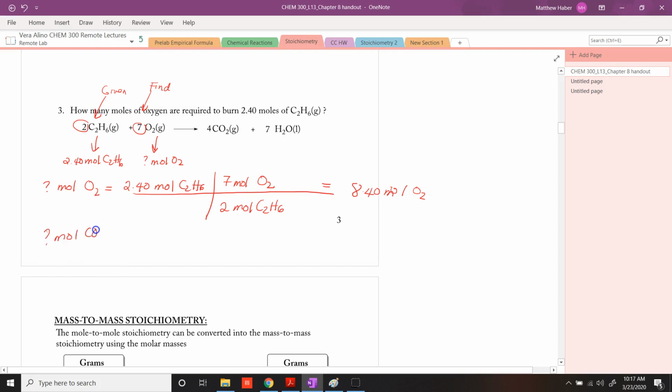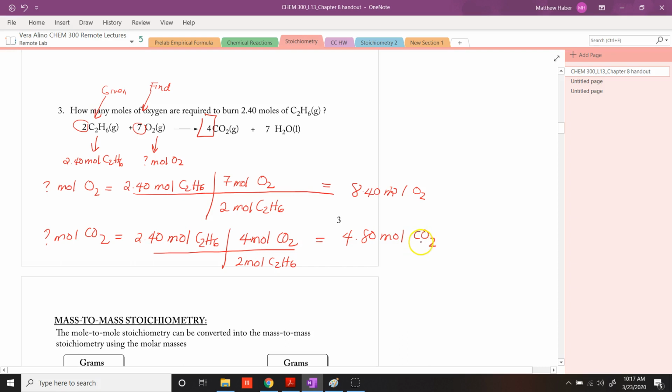How many moles of carbon dioxide are produced if you're going to burn 2.4 moles of C2H6? We have for every 2 moles of the fuel, you're going to produce 4 moles of the carbon dioxide. So I have double the amount, so that I have 4.80 moles of CO2 produced in this process.